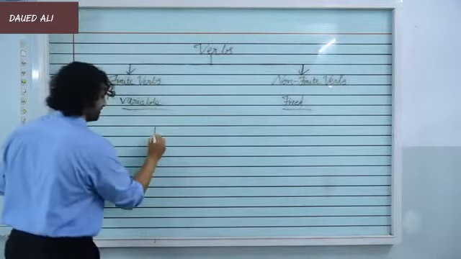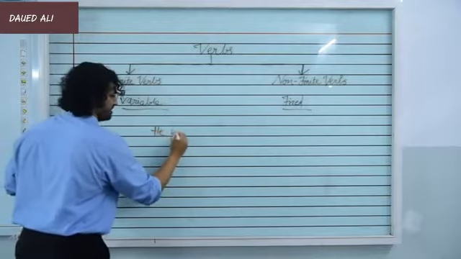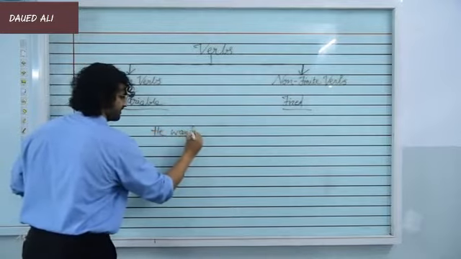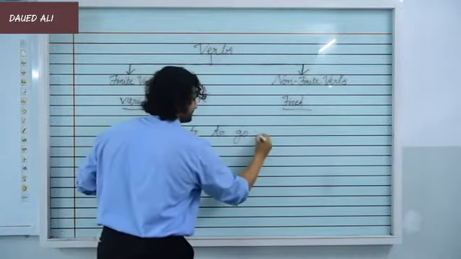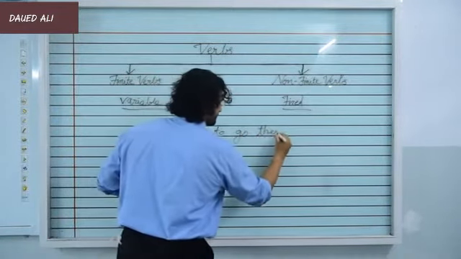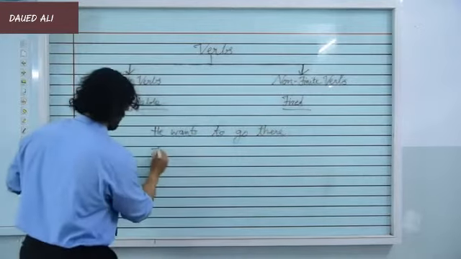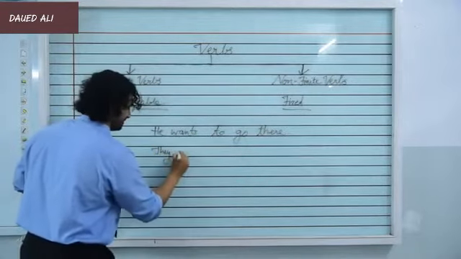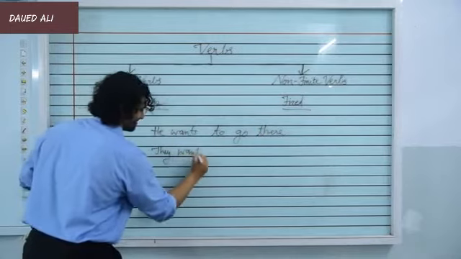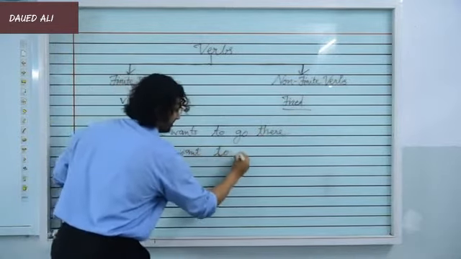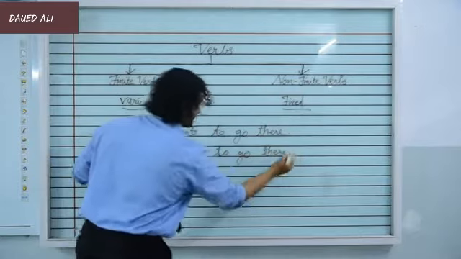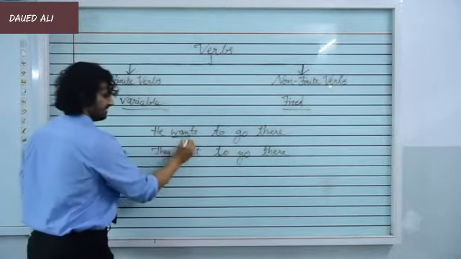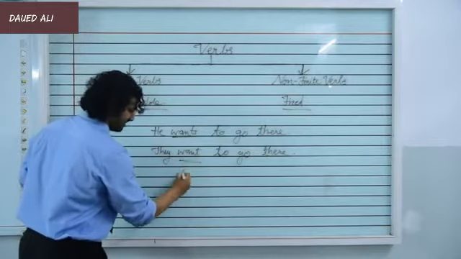He wants to go there. They want to go there. So this is a finite verb.